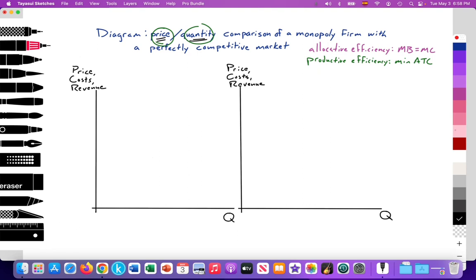Okay, and let's label the two. So we're going to have graph A. This will be the individual firm in perfect competition. And in graph B, we'll be measuring or illustrating the monopoly.